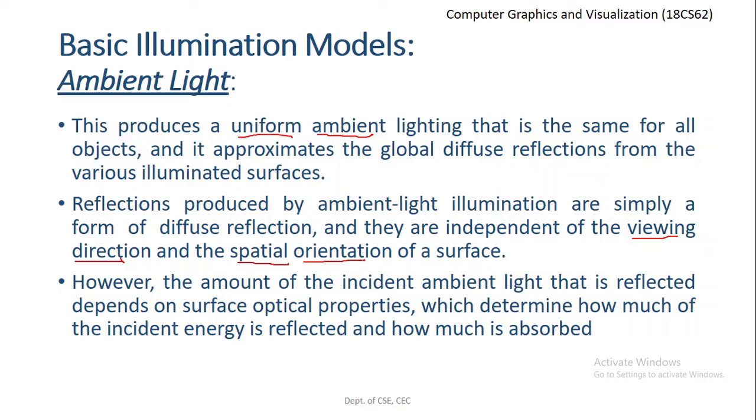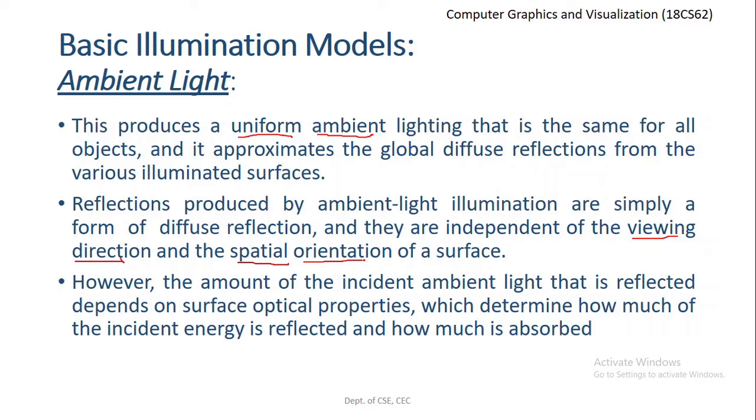So all the points on the surface of an object which is to be illuminated will be displayed with a given ambient colored light. This color does not change, because the reflections caused by ambient light will not depend upon the viewing direction. No matter from which angle you view a given object, it will appear the same under a given ambient light.